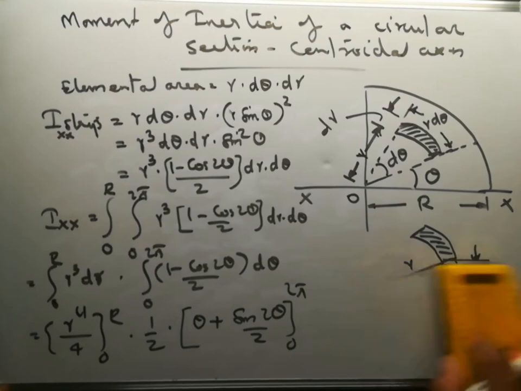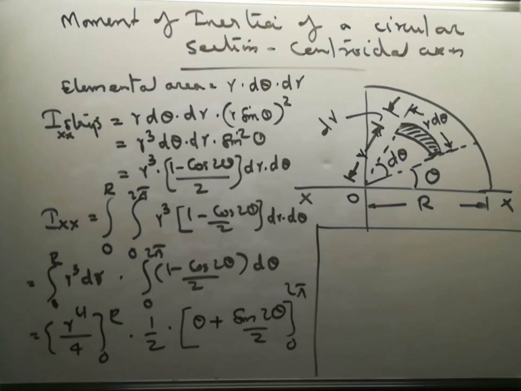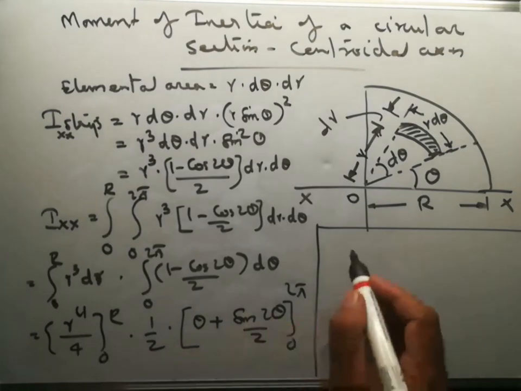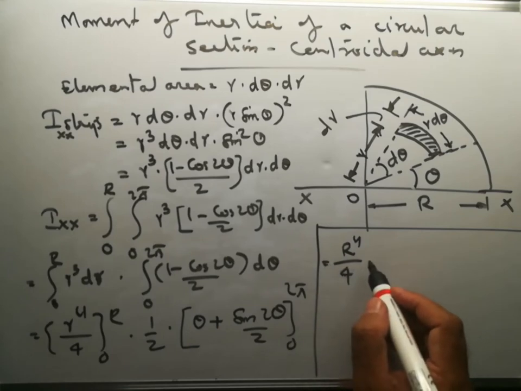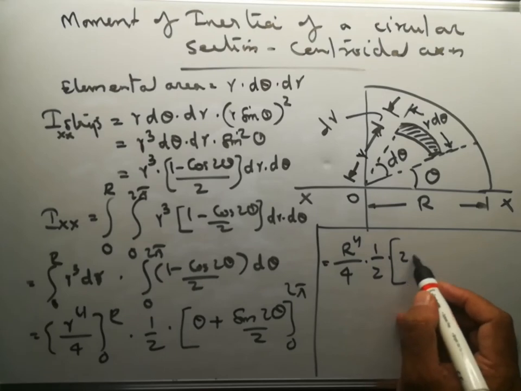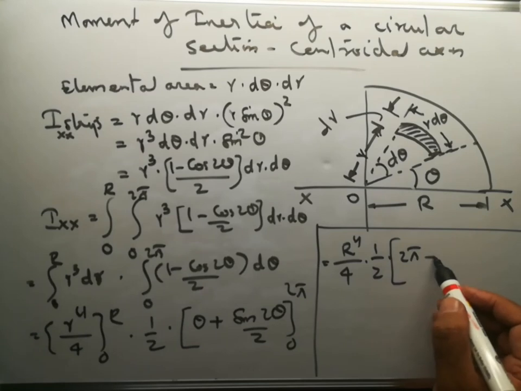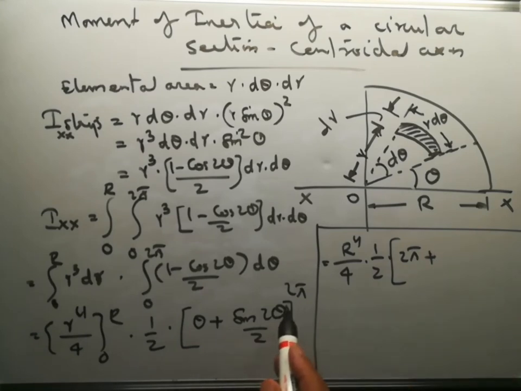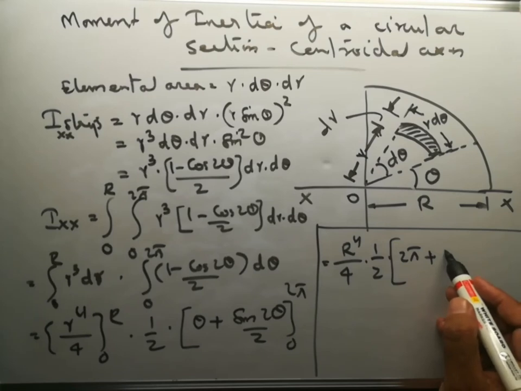Okay, this will give you r raised to 4 divided by 4 into 1 by 2 into 2 pi minus 0, plus sin 4 pi by 2, and sin 2 pi, sin 4 pi are all zeros.